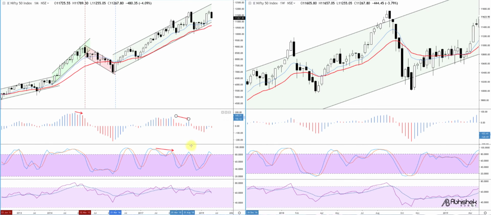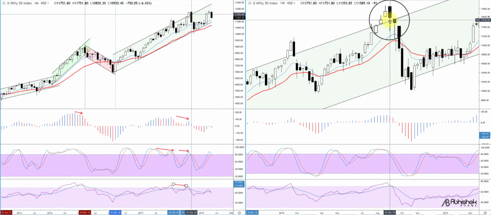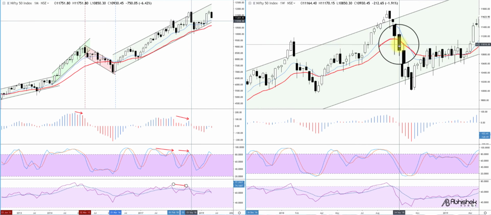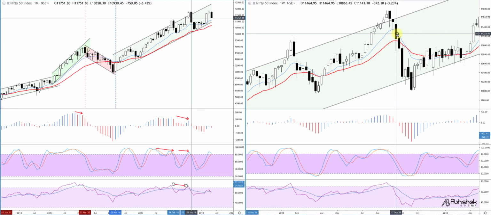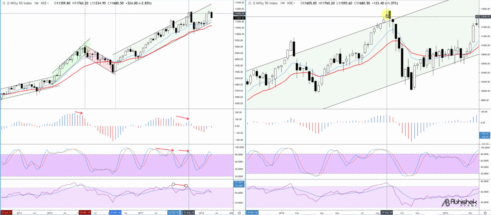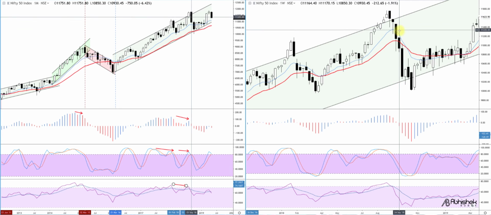Okay? And how so? In stochastic as well, and in the RSI as well. Okay? Engulfing bear, that is your short trade. That is a definite short trade. I mean, just considering 3 bearish divergences in the monthly chart, you would take this trade and you would expect a fall.